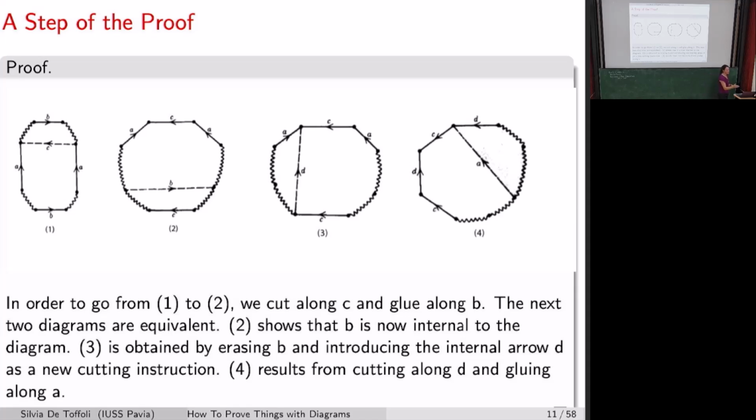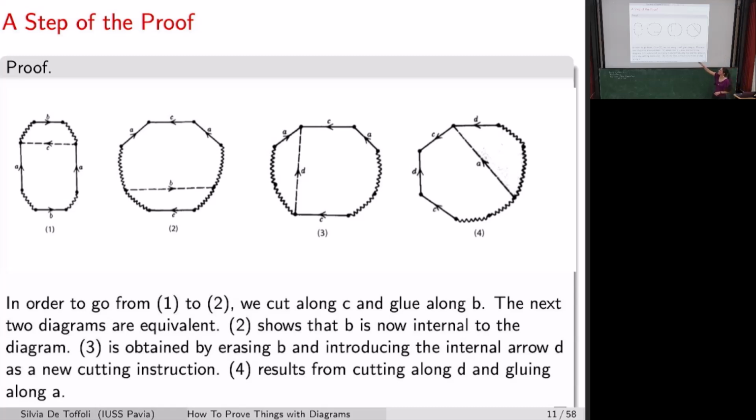So here is a step of the proof by Massey, in the graduate textbook Geometry and Topology. Just to give you a sense, it's not only me that uses diagrams in topology, obviously. Here it's a step of the proof in which we have a configuration and we have to go towards the more canonical configuration that I showed you in the statement of the theorem.